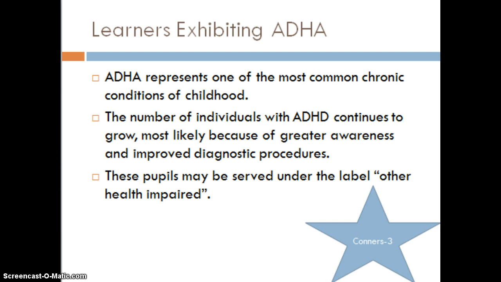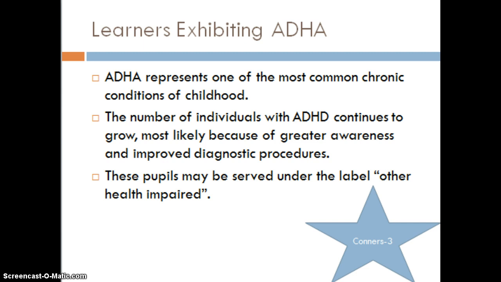Now, there's a Connors 3 activity. You see the star. That's going to be posted next on your module sheet, so you'll click the link on that to look at a sample teacher score sheet of the Connors 3, and then you will respond to just a few questions to guide you through that document. This should give you a pretty good idea about how ADHD is evaluated.